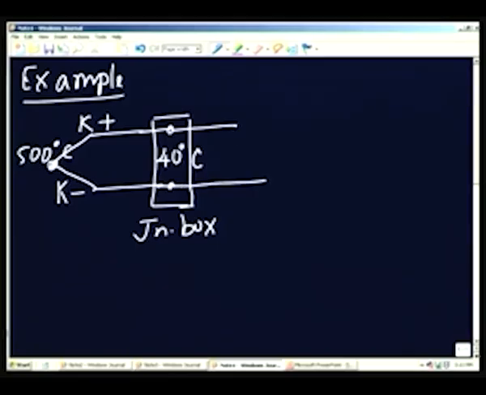And what happened is, by mistake, the negative element has been connected to the positive terminal and the positive element to the negative terminal, and I am measuring the output here. This is the ice point.